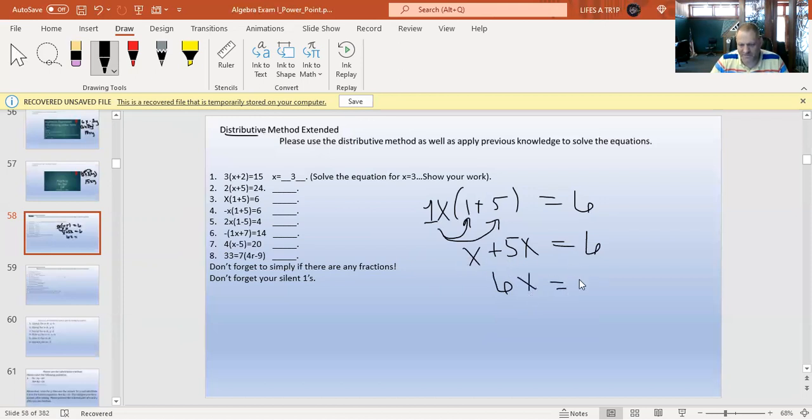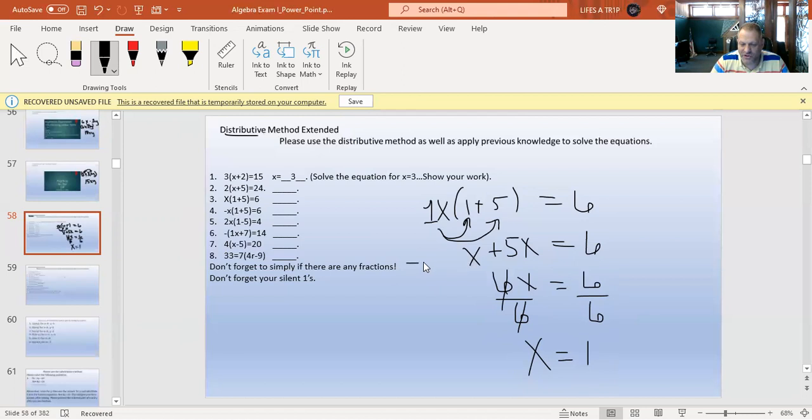Silent 1x plus 5x is 6x equals 6. All right, and so now we still need to get x by itself. So we take this number and do the cancellation method. Cancel, and 6 into 6 is 1.